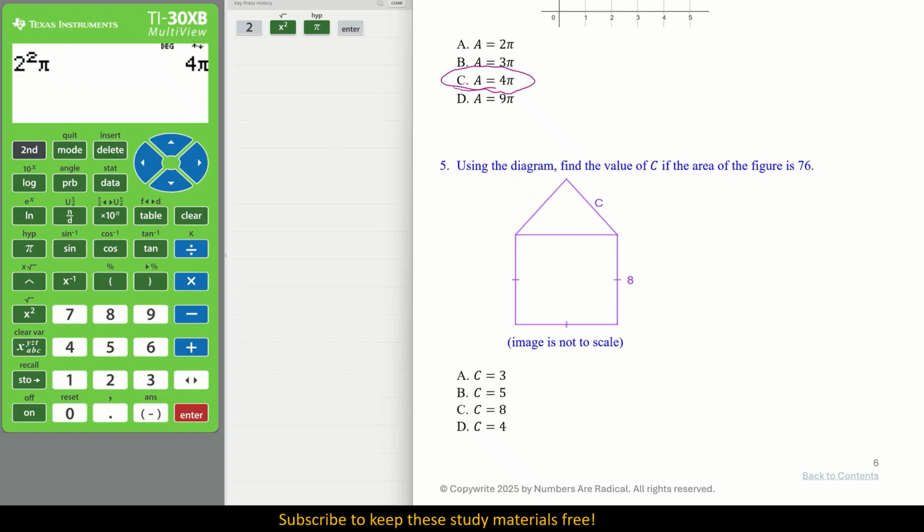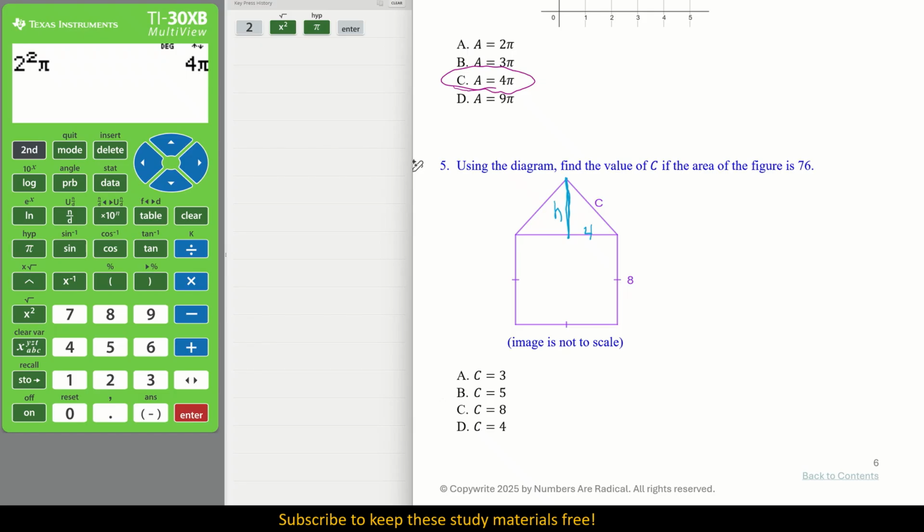Well, the first thing that you need to do is you need to subtract out the area of the square, because in order to solve this, we will need the Pythagorean theorem. And we know this is 4. We need to know this height.